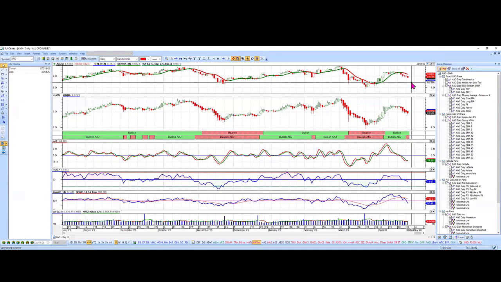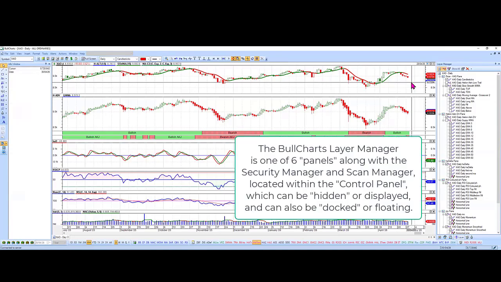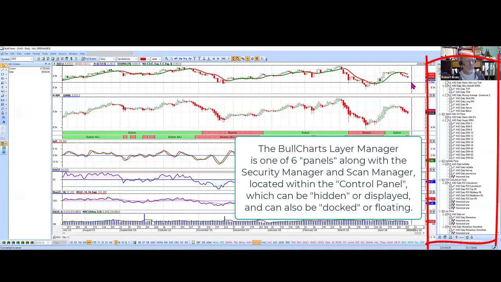Can I just make a comment, David? While you've got the layer manager there, I find a bit of housekeeping is sometimes needed. You might have a chart and you might have added a couple of things and then done what Alec has done, taken them off, hidden them. But sometimes I think you need to do a bit of housekeeping and take them off if you don't use them.